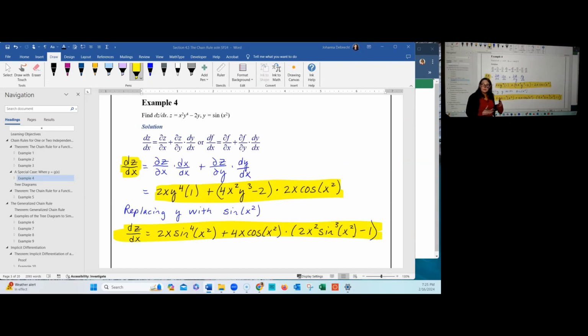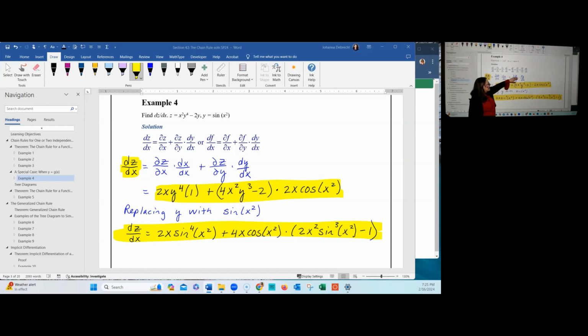In this case, I'm applying method 1 again by applying the chain rule. I find the partial of z with respect to x, which gives me 2xy to the 4th. Then I multiply by the derivative of x with respect to itself, which just gives me a 1.